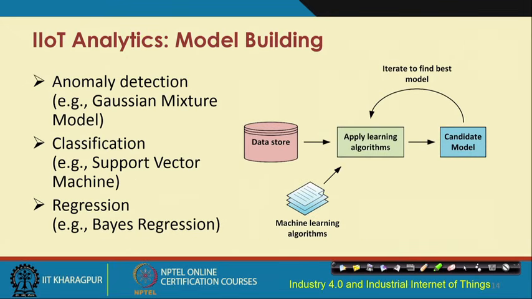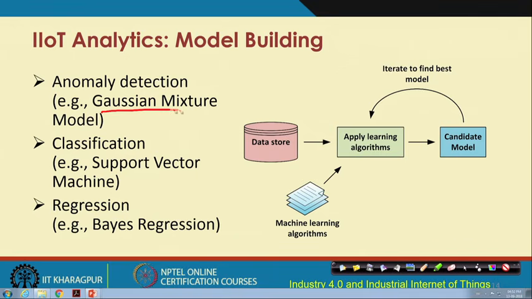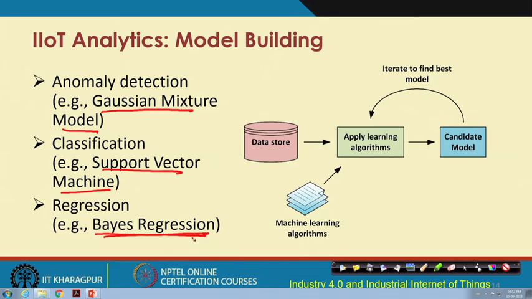Model building. I told you earlier that for machine learning, after feature extraction, model building is very important. For model building, different methodologies are there. For example, for anomaly detection, GMM models are there, Gaussian mixture models. For classification, SVM or support vector machines are there. For regression, Bayesian regression techniques are there.